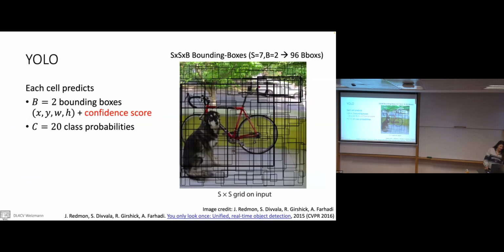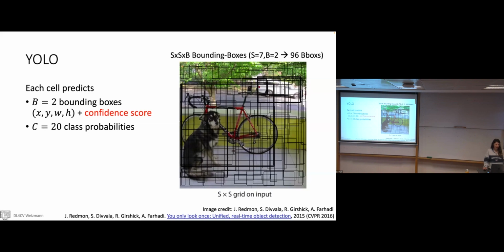Anyway, let's continue. The confidence score, you can think of it as visualized here as the width of the bounding box. If you have a thicker bounding box, it is saying that this box has more confidence that there is an object within.